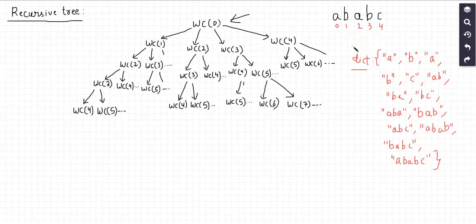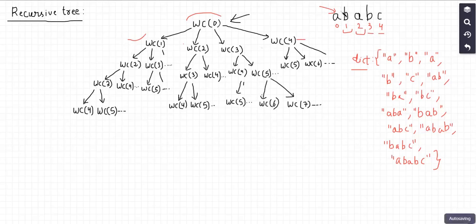In that case, the word combination function will be called at each index. First I'm calling it at index 0, then that function in turn will call the same function at index 1, and so on. Recursive calls will be made at index 2, 3, 4, and so on.